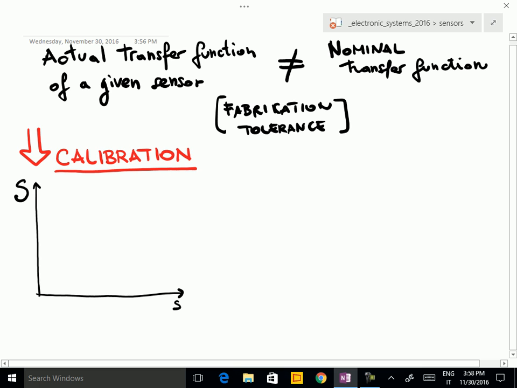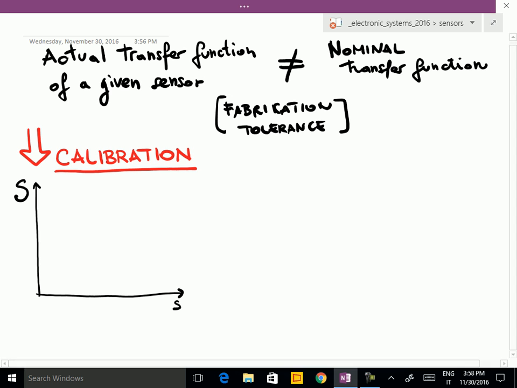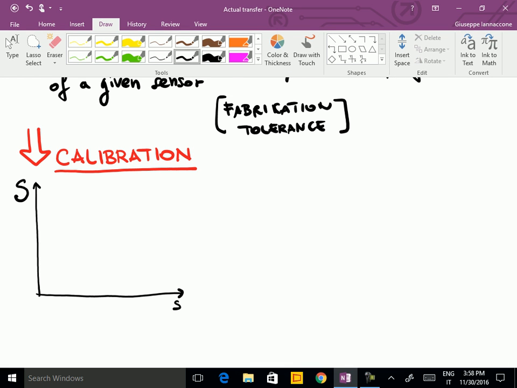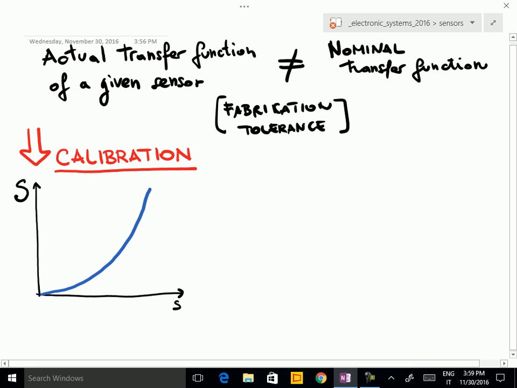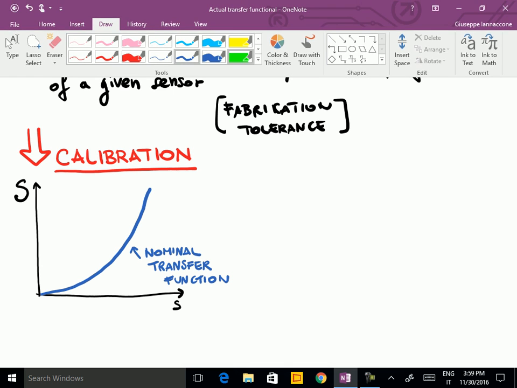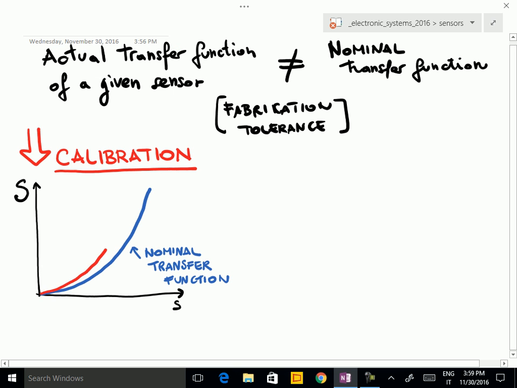Just to draw an example in order to illustrate the point. If small s is the stimulus and large S is the response, we can have in blue here the nominal transfer function, but the actual transfer function of the sensor is this one in red.